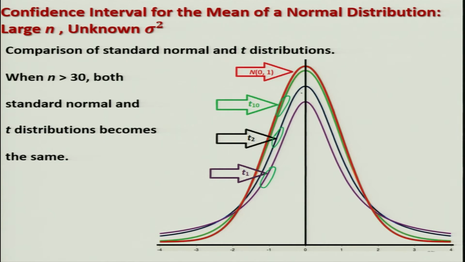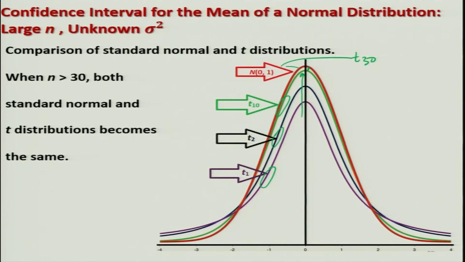As the degrees of freedom increase, the height of the t distribution increases, and this red curve is the normal 0 1. At 10 degrees of freedom they are very close, but at 30 degrees of freedom, normal 0 1 and t 30 become identical. So, both distributions are the same.